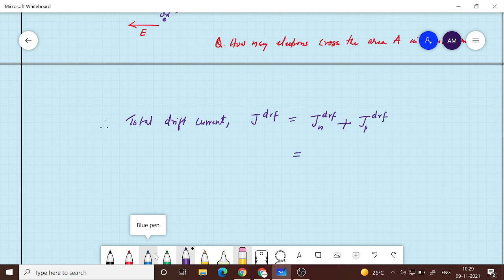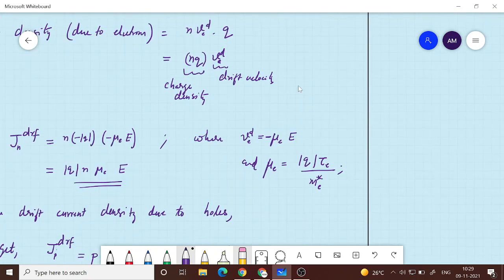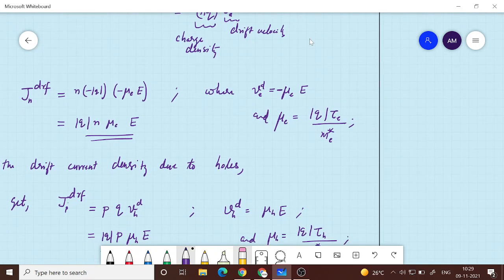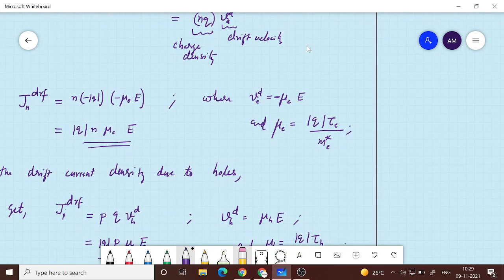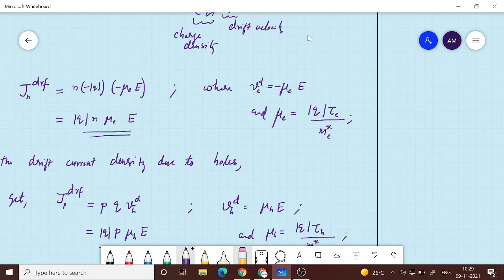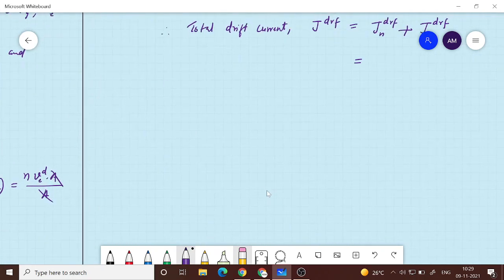So which is equal to, whatever is common in the two terms, let's take. There are a few terms which are common, I think. The electric field is common and modulus q is common, and n mu e and p mu h, that is the difference.